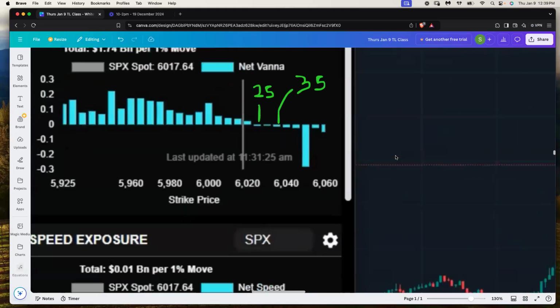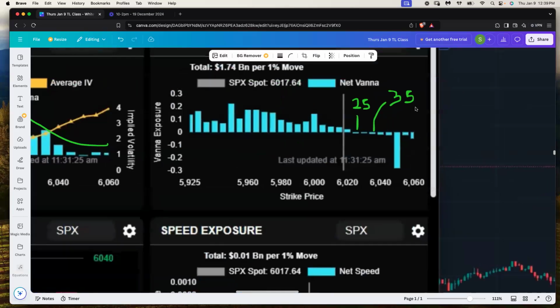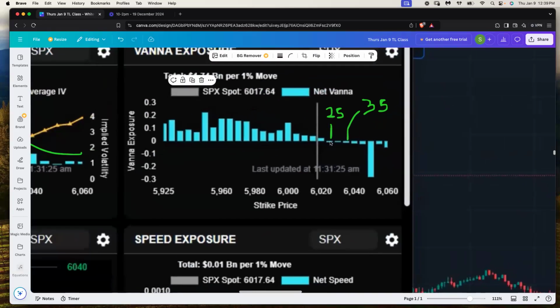And then let's look at Vanna now. We're getting into 20 and into the 25 area, but you see how it's not big anymore. It has kind of died out, so to speak. Not really much of an issue. It doesn't mean we might not have a bit of a slowdown in price. You could still backtest here, and you see the flip point is here.